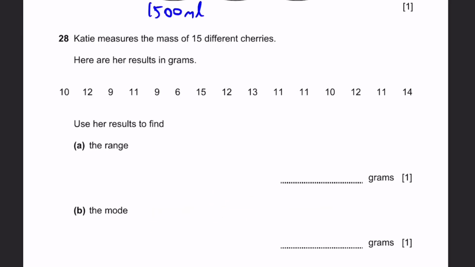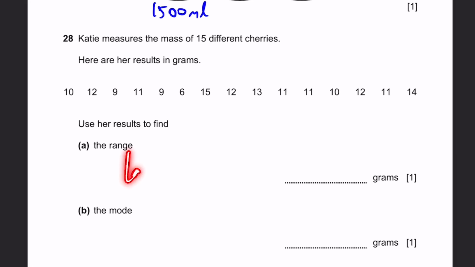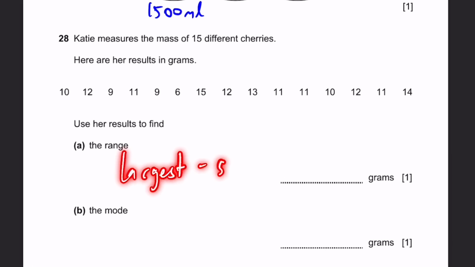Question 28. Katie measures the mass of 15 different cherries. Here are her results in grams. Use the results to find A, the range, and B, the mode. A, the range is the largest minus the smallest value in the results. Largest is 15, smallest is 6.